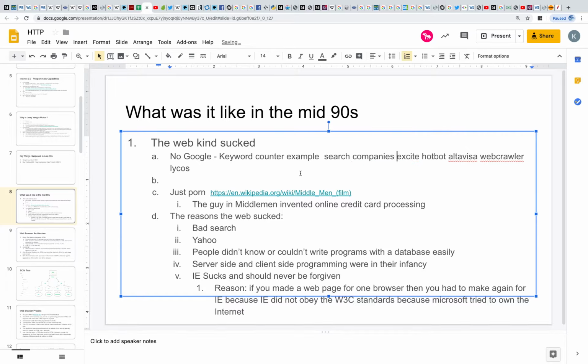So what happened was that because the porn industry had lots of money, they could pay for the first search engine optimization technique. And the first SEO was keyword stuffing.